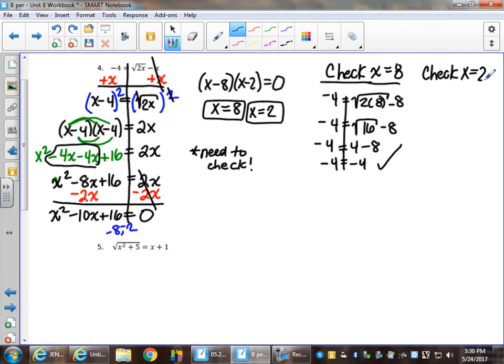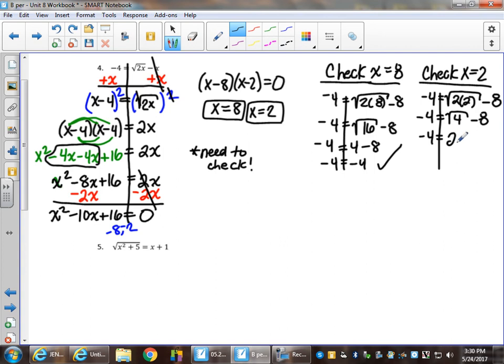Check x equals 2. So that'll be negative 4 equals the square root of 2 times 2, close the radical, minus 8. So that's negative 4 equals the square root of 4 minus 8.